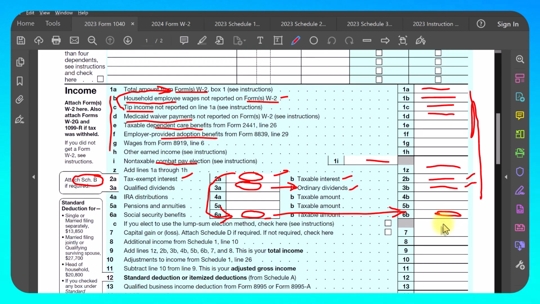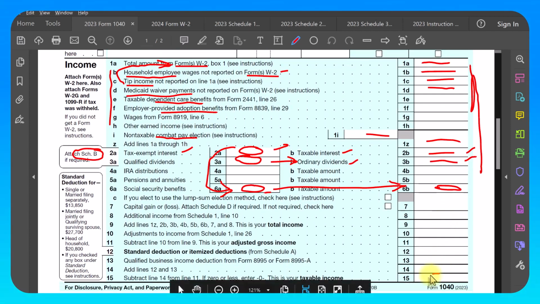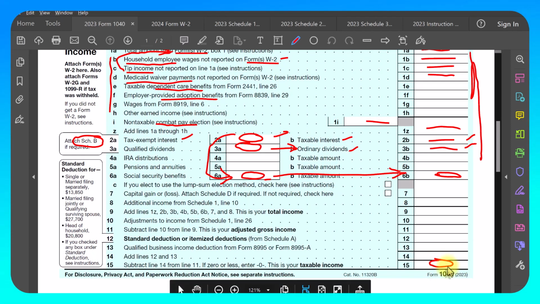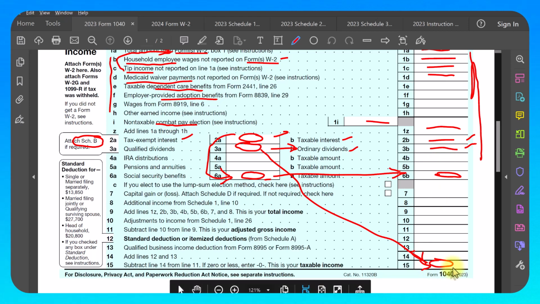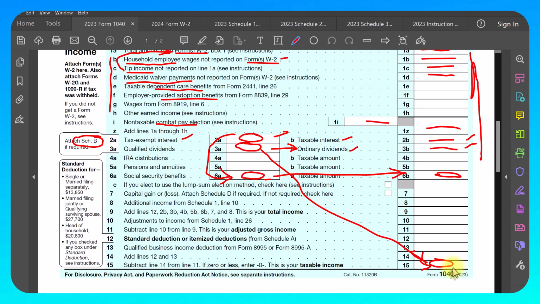But when you come down to the total taxable income at the bottom, you're going to back out this qualified dividend number. It's already inside of the ordinary dividends, but the qualified dividends are going to be backed out and taxed at a lower rate. Could be tax-free, could be 15 or 20%, depending upon the total other income of the taxpayer.